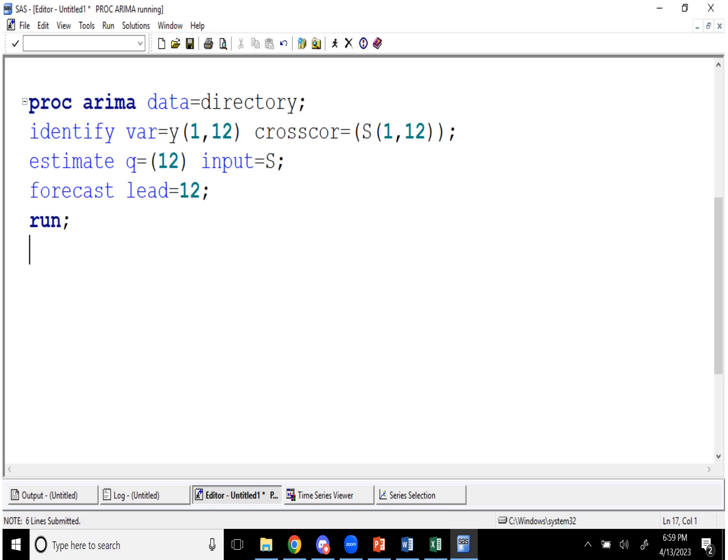So now we've got to build our model. We wanted a seasonal moving average model of order 1. So that's lag 12 and just lag 12. So I do parentheses 12.